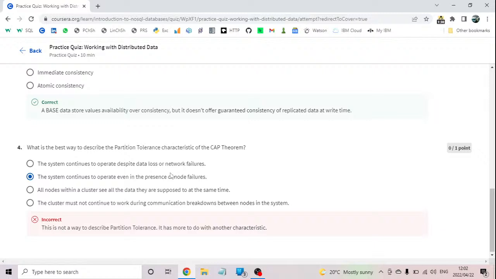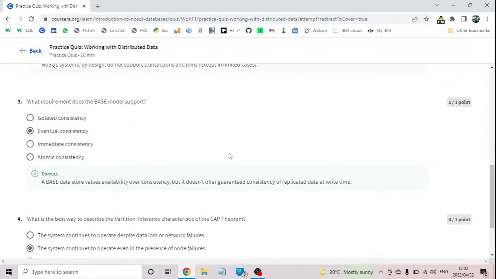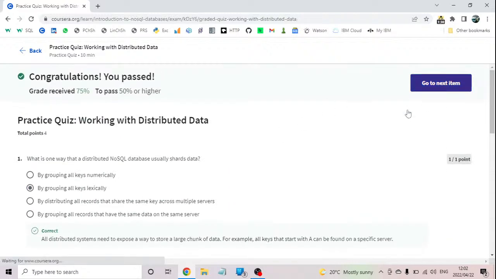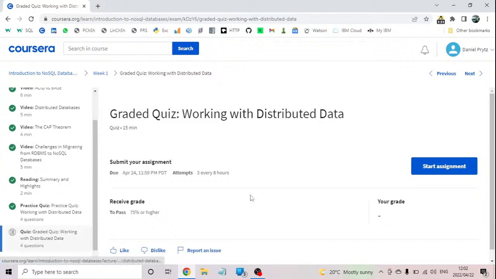Partition tolerance is just the communication one, so it is that. Okay, let's do the last one. But before we do the last one, let's actually complete the week. Okay, question 2.